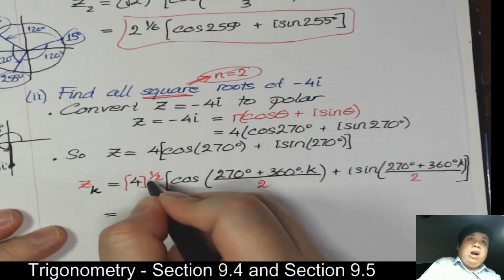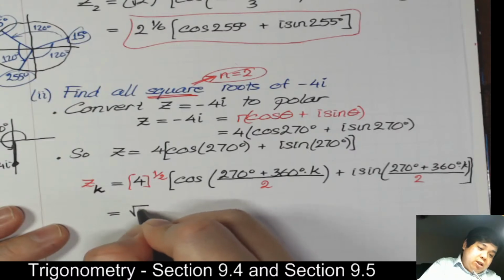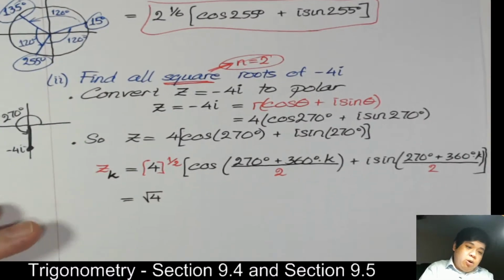So 4 to the 1/2 power is the same as the square root of 4.